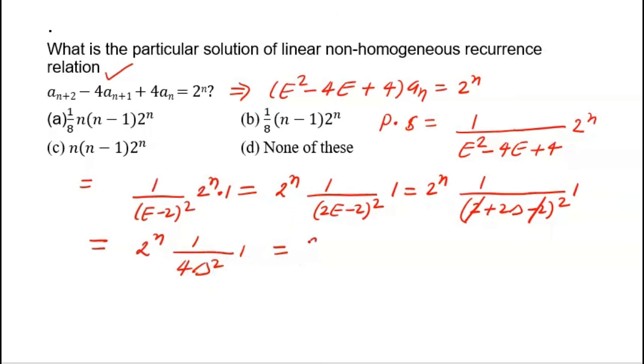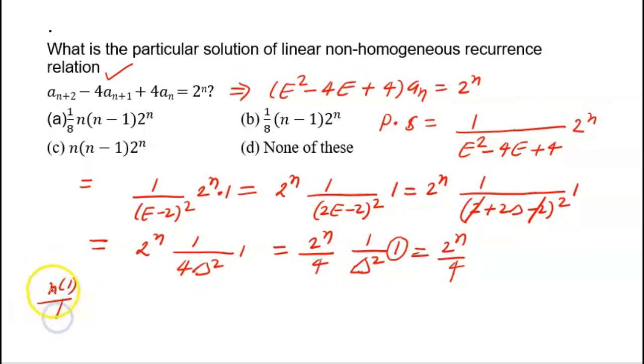Now what did I get in the end? 2 to the power n by 4, and 1 by delta square of 1. So delta inverse will act like an integral operator. So basically this will be 2 to the power n by 4, and if you integrate 1 the first time, you will get n to the power 1 by 1, and this is the factorial polynomial.